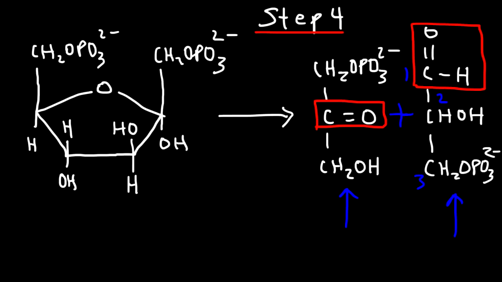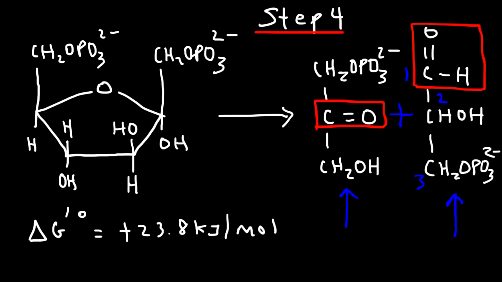Now, is this reaction reversible? The delta G value for this reaction is positive 23.8 kilojoules per mole. This is a high number and it's positive, so that indicates that it favors the reactant on the left side. Now, keep in mind, this is the biochemical delta G value and not the other one that's based on chemistry and physics.